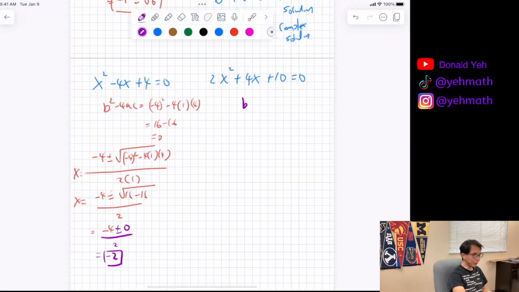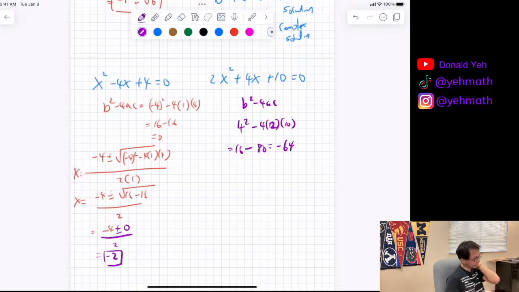Now, if I were to take the discriminant here, what am I going to get? 4 squared minus 4 times 2 times 10, I believe. That's 16 minus 80. That's what? Negative 64. So then you're going to try it here.